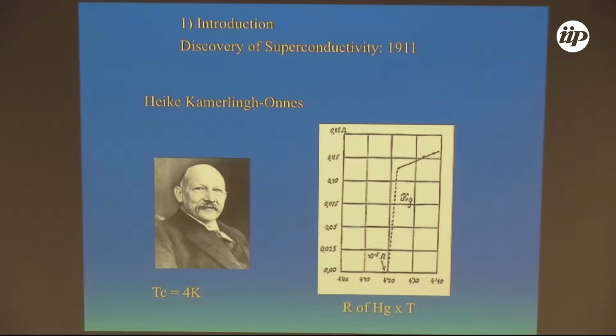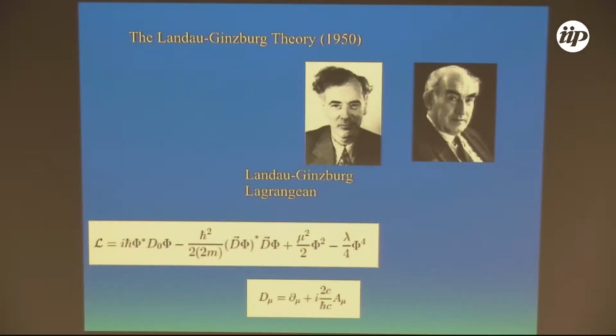So superconductivity, as you know, was discovered in 1911 after Kamerlingh Onnes mastered the process of helium liquefaction. A landmark in superconductivity was the Landau-Ginzburg theory, 1950.